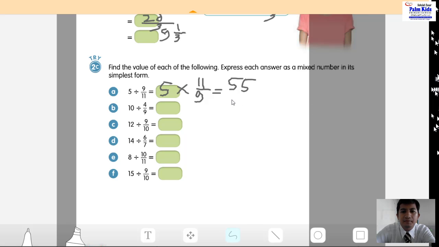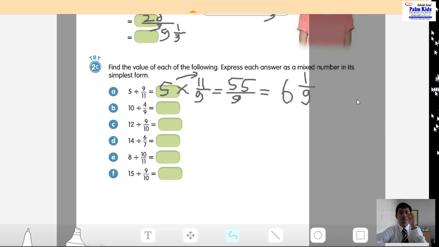Remember to multiply the whole number with the top, the numerator. 55 divided by 9. What number is closest to 55? It is 6, because 9 multiplied by 6 is 54. And now 55 minus 54 is 1, so the remainder is 1 per 9.